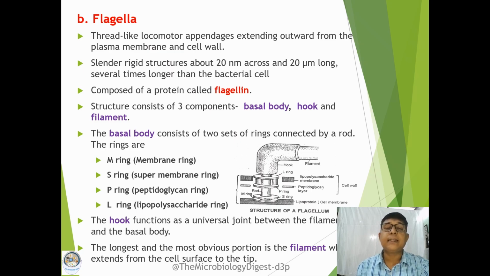Flagella, as I said earlier, are the locomotory organelle of the bacterium. With the help of flagella, bacteria attain the capacity to move from one place to another. In other words, bacteria become motile with the help of flagella.